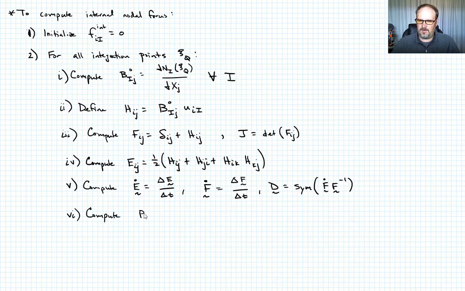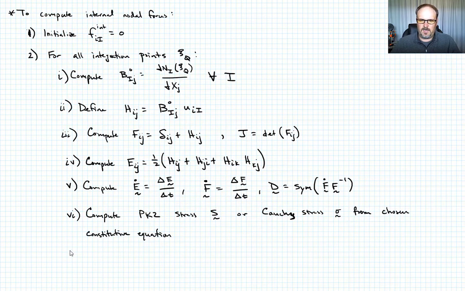Typically we'll compute the PK2 stress, which we denote as S, or we could compute the Cauchy stress, which we denote as sigma, from the chosen constitutive equation. Once we have that, we can't just use either S or sigma.